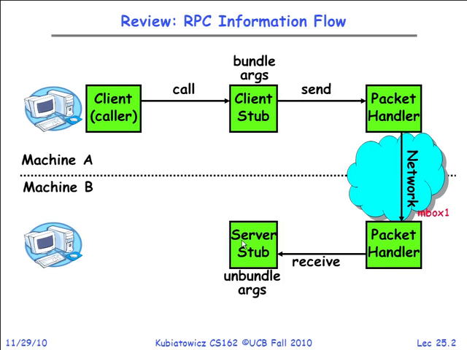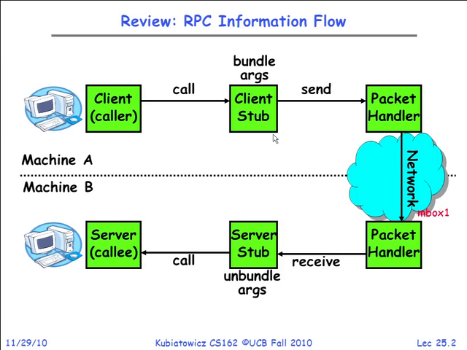From the standpoint of both the client and the server, it thinks there's just a procedure call. What's under the covers is all this translation, serialization and packaging of things so that it works. And what's nice is that most of the complexity is handled automatically by a compiler.